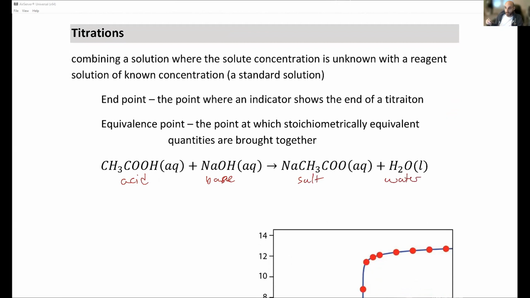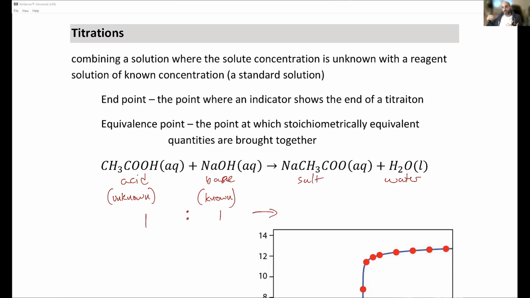Ultimately, if I know how much base I'm adding, so this is my known and the acid is my unknown, well, these two things are linked, as we've learned, because I know one mole of base is equivalent to 1 mole of acid.